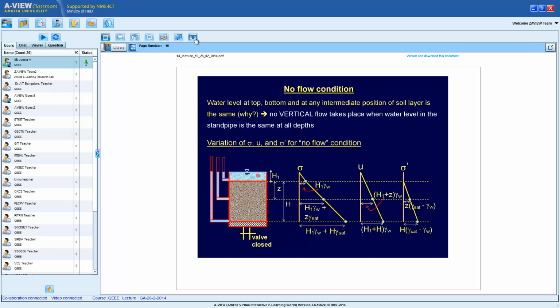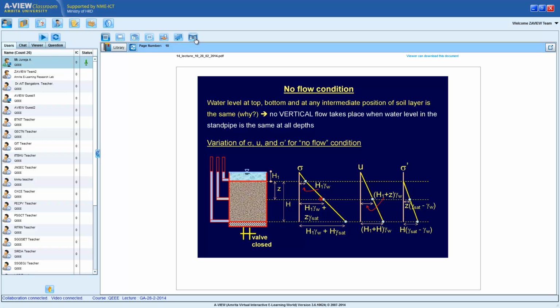It means the weight of water, H1 times gamma W, plus this weight of saturated soil. It's saturated soil because the water has filled all the voids. So the weight should include the weight of solids plus the weight of water. So I take gamma saturated, the saturated unit weight, times Z.